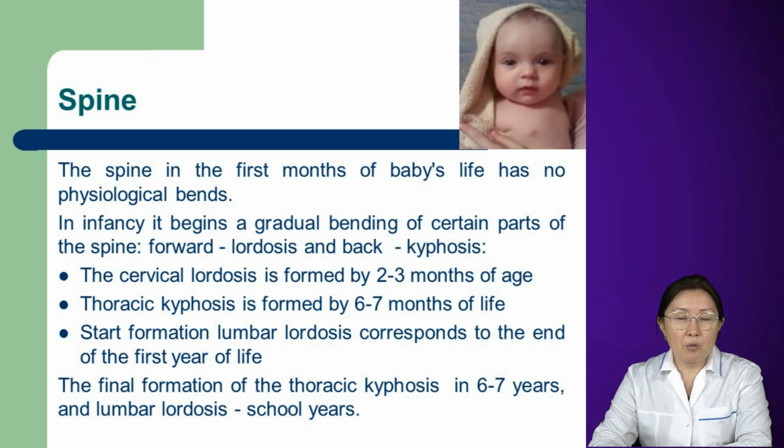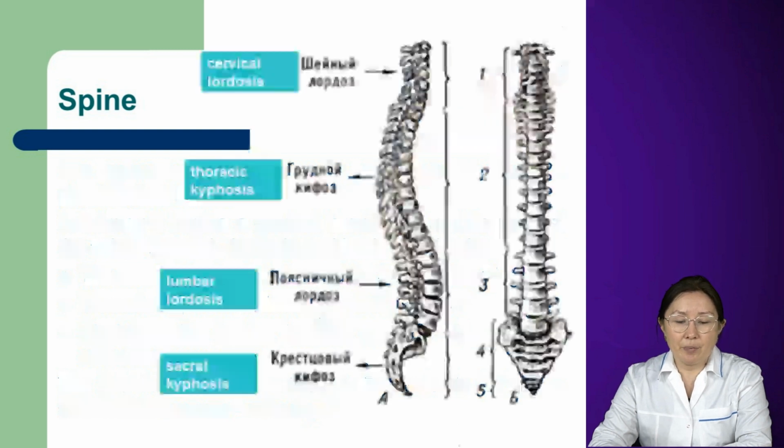Thoracic kyphosis is formed from 6 to 7 months of life. The start of formation of lumbar lordosis corresponds to the end of the first year of life. The final formation of the thoracic kyphosis is at 6 to 7 years, and the lumbar lordosis in school years.